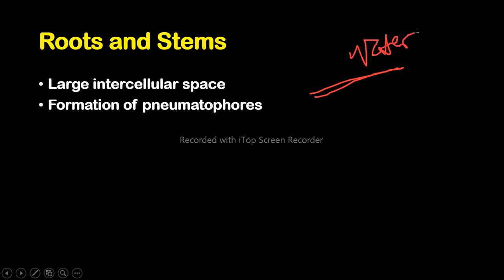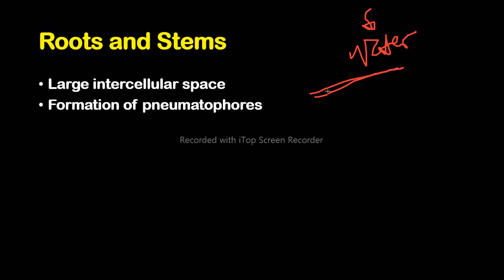You studied in senior 2 that if you increase the water content of the soil, then you reduce air. So these waterlogged areas have poor air content.